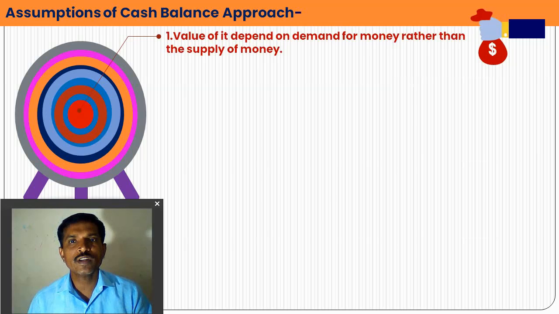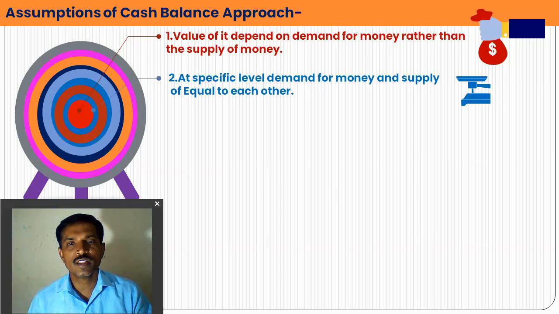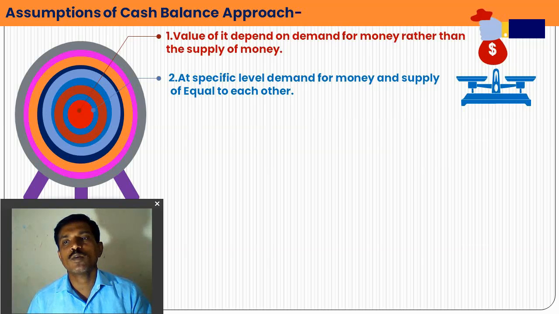The second assumption is that at a specific level, the demand for money and the supply of money are equal to each other.